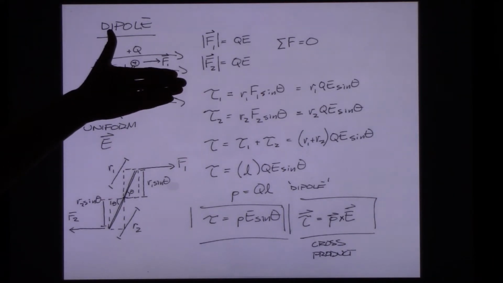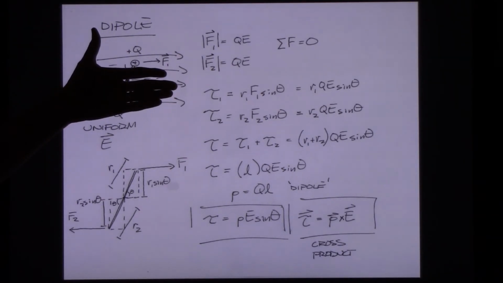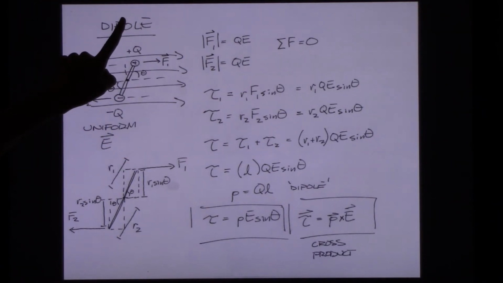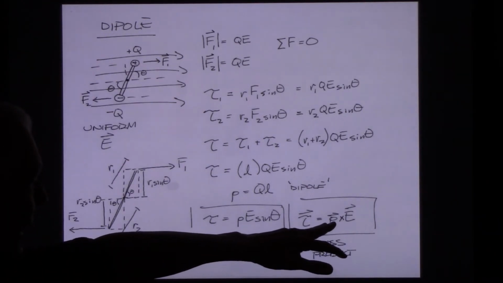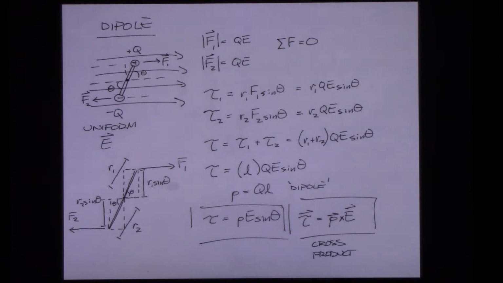So the E field direction is in the plane of the paper. The dipole direction is in the plane. If I use a right-hand rule to do a cross product of P and E, I'm going to get something that rotates this object in the direction, right.